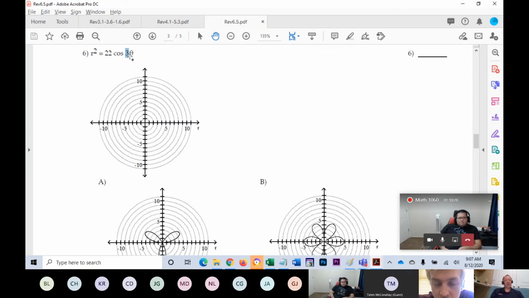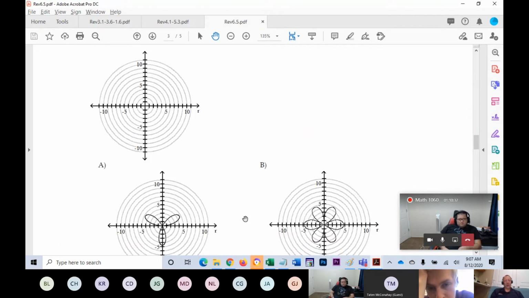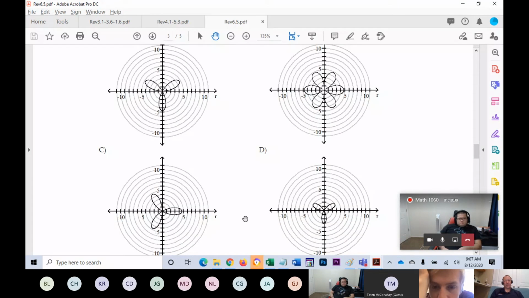It's cosine, so cosine of 0 is 1, right? Yeah. So if we're looking at 1, we have to be 22 squared units out. So what's the square root of that? That's about 4.5. So it'd have to be C. It'd have to be C. Yeah. C's in the right orientation, and it's the square root of 22. Okay. That makes more sense.